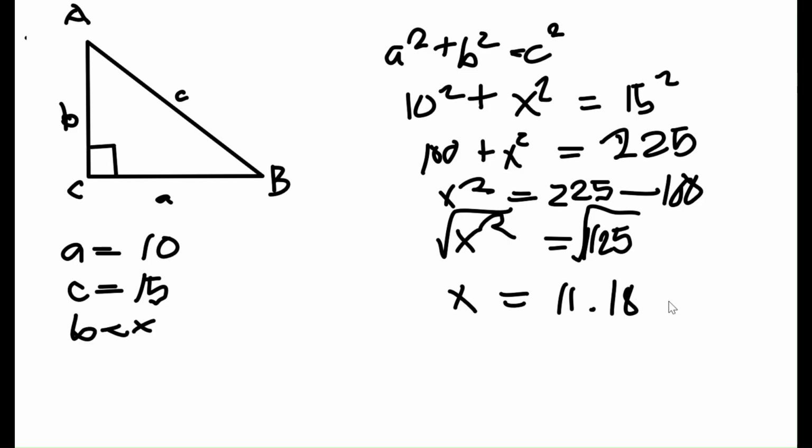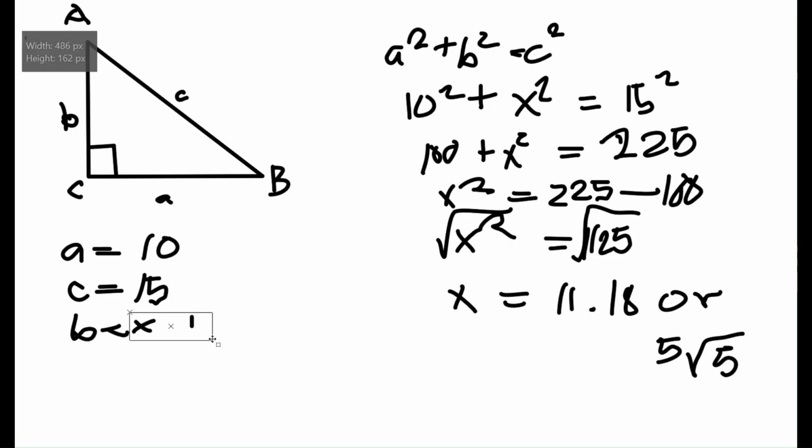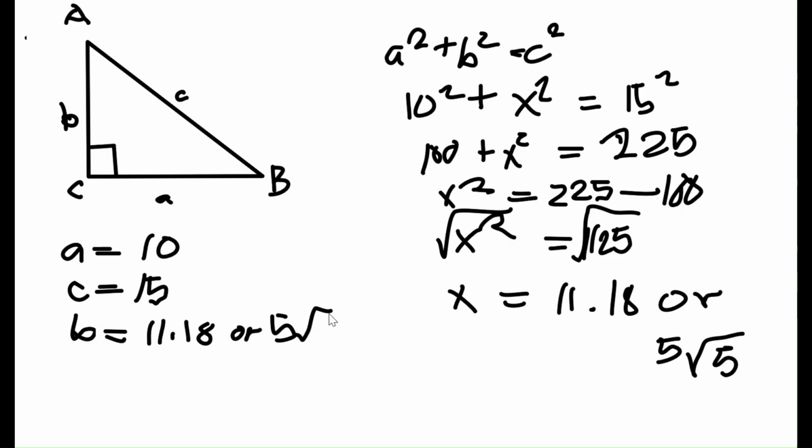Or if you want a radical, then you have 5 square root of 5. So since b is 11.18, or 5 square root of 5, then we can remove this.